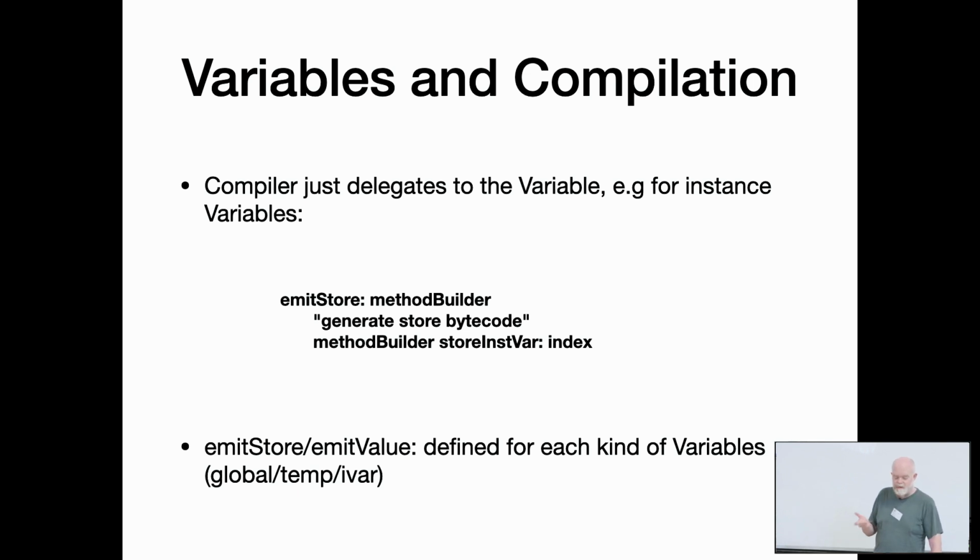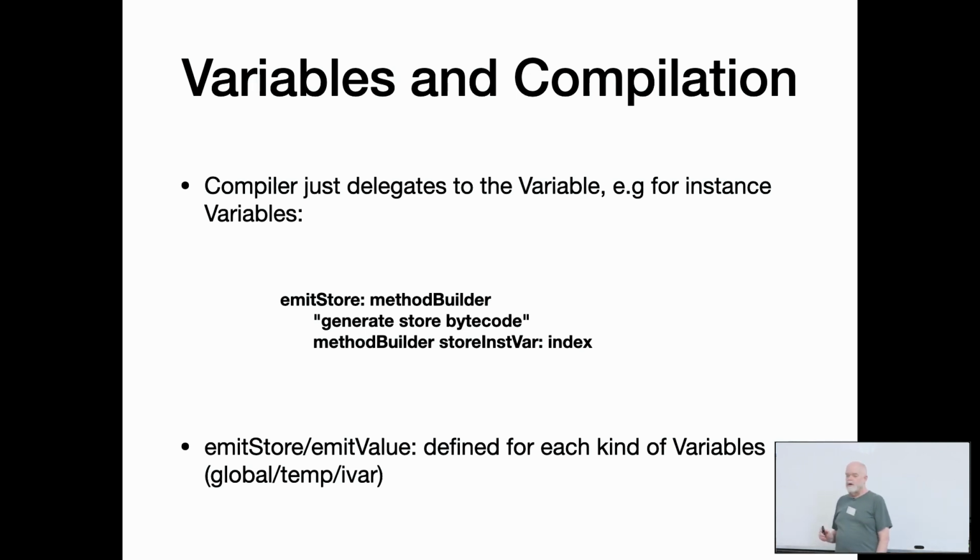Another thing is, as these semantic variables are part of the compiler, one of the things that they do is they actually implement all the code for the compiler. So that means the compiler does itself not know what to do for emitting read and write code of variables, but the compiler just says, I will delegate that to the semantic variable, and this one then knows how to read and write itself. So here, as the example that I show, this is for instance variables.